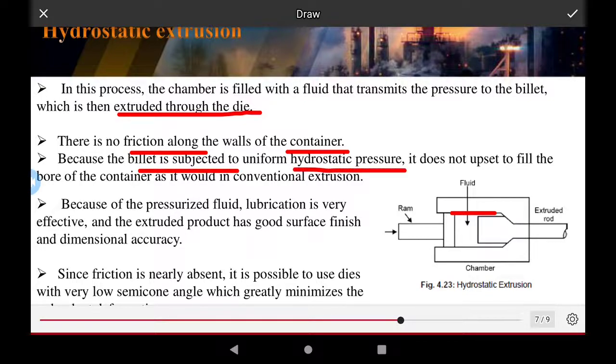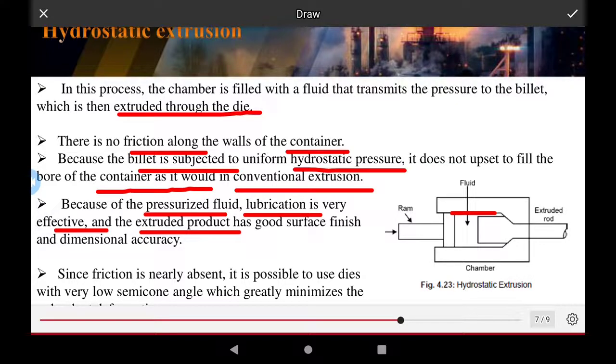Unlike conventional extrusion, the pressurized fluid lubrication is very effective, and the extruded part has good surface finish and dimensional accuracy. It is possible to use dies with very low semi-cone angles.